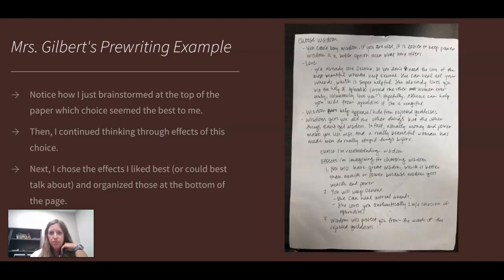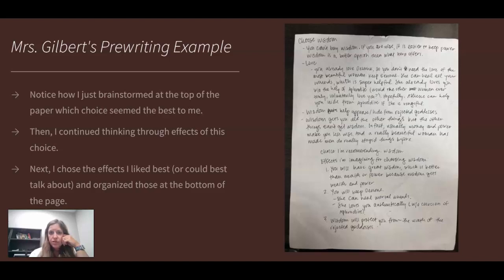He gets to keep his love with Oenone, so that would be good. He's going to be wise, and so hopefully he can kind of escape the consequences that the rejected goddesses will bring. Okay, so these are some of the things that I thought about when I was thinking about that choice. And then I have taken all of that and kind of organized it at the bottom of the page.